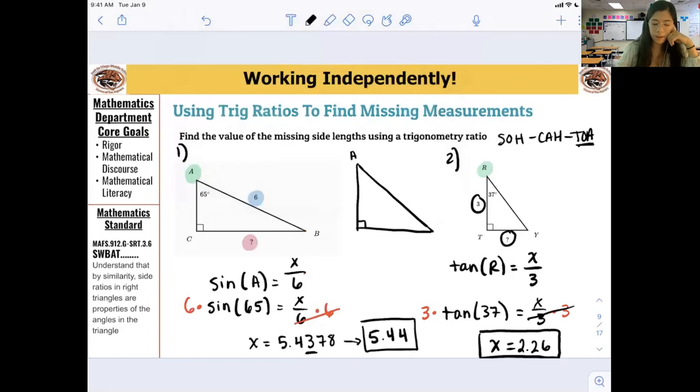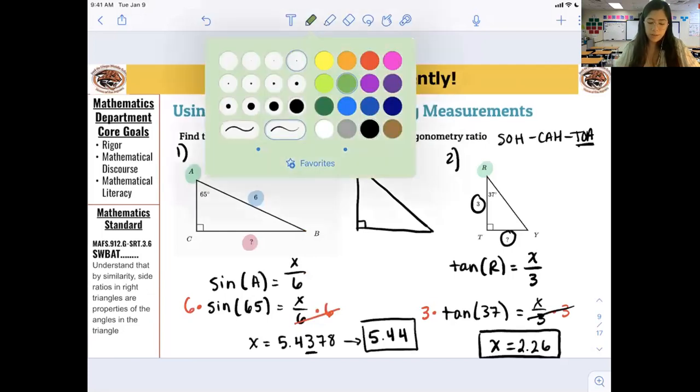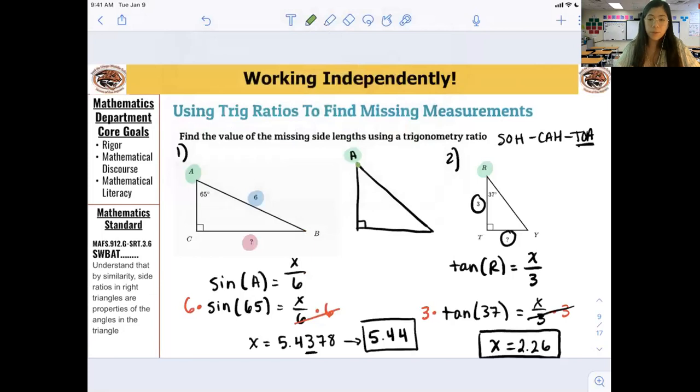If I'm talking about angle A, how do you know which side is opposite? Where do you look? Okay, so Tyrone says it's the one below. So in other words, whichever angle you're talking about, you always look across.